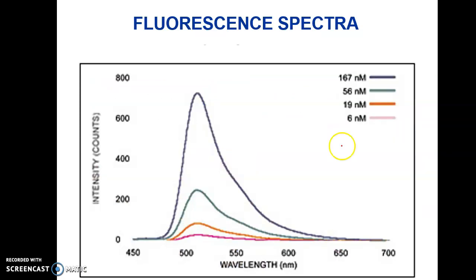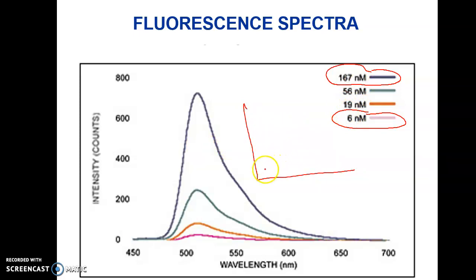Okay, you see that the fluorescence spectra increase from very dilute concentration up to more concentrated concentration. But as I mentioned before, it is linear only up to a certain concentration. The same thing, it will reach a plateau or even go down because of the collision.